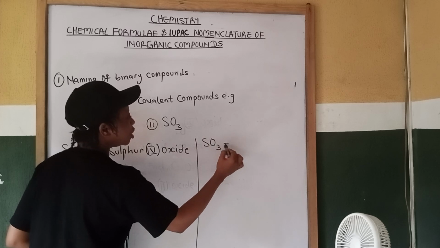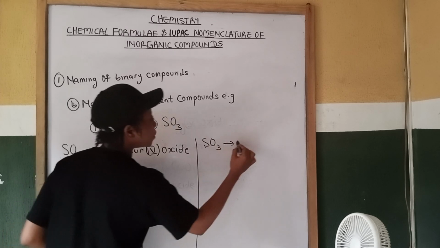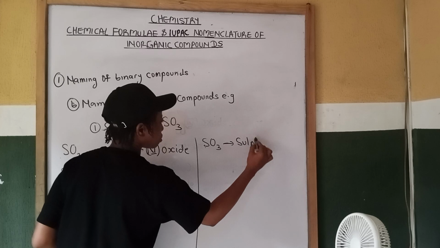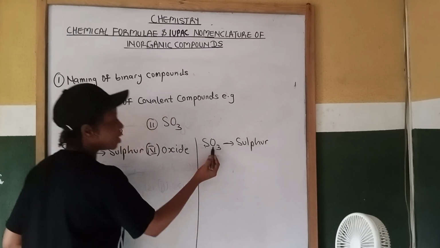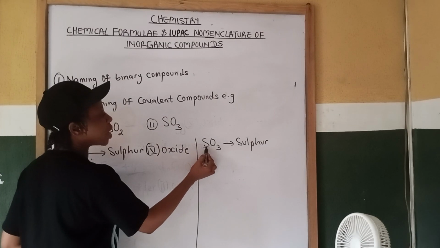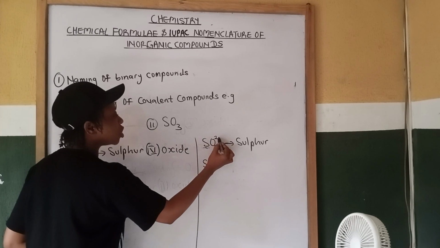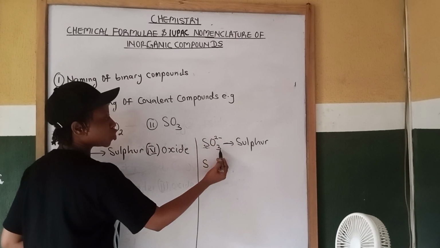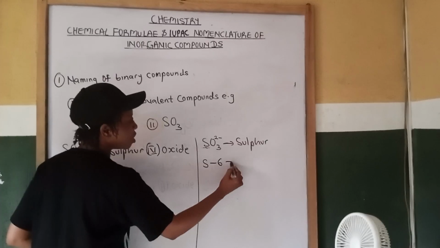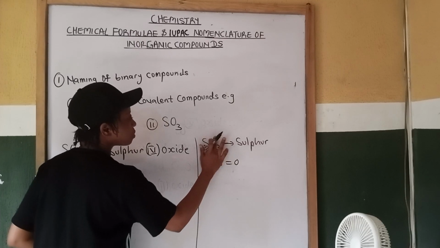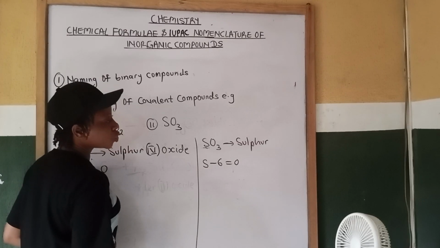Then the other compound, SO3. Then you name sulfur fully, that's sulfur. Then you calculate the oxidation number of sulfur out of this compound. Sulfur is my unknown. The charge on oxygen is -2. -2 times 3 will give me -6, equal to 0.